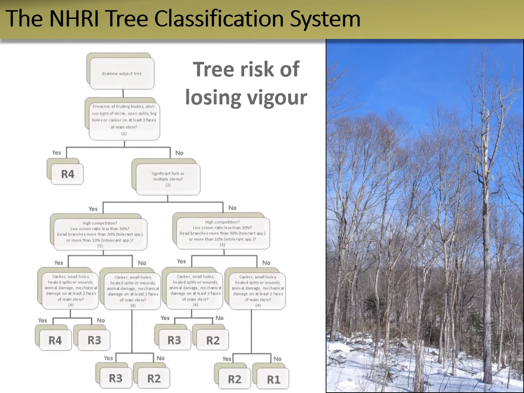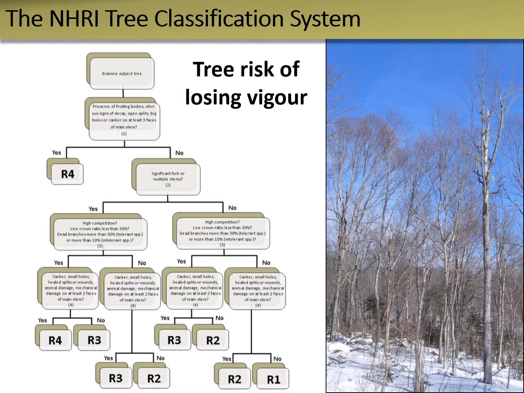Let's see an example. Here, the first question is, is there a presence of fruiting bodies or obvious signs of decay, or open splits or big hole or canker on at least 3 faces of the main stem? The answer is no. Next question, is there a significant fork or multiple stems?